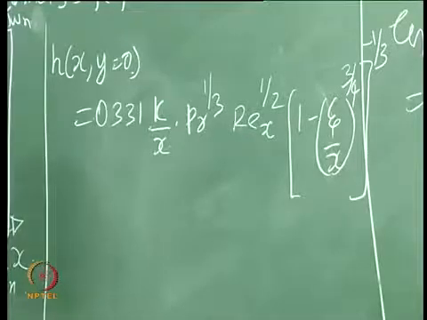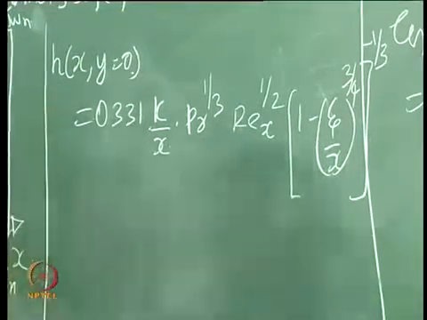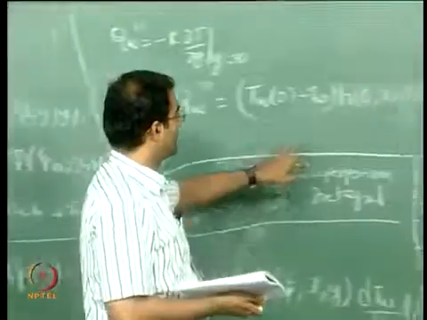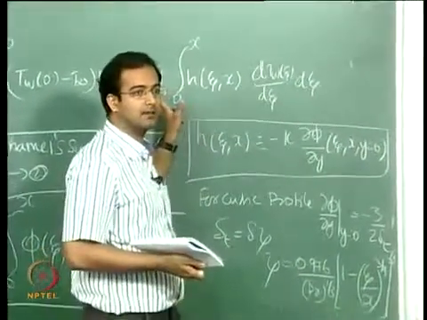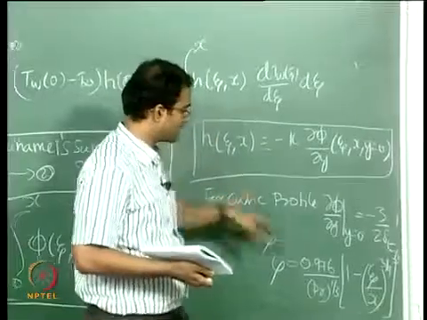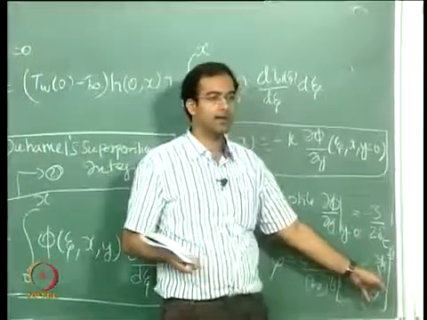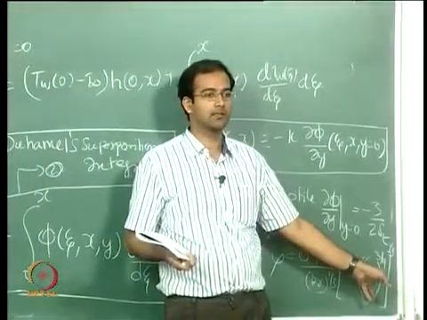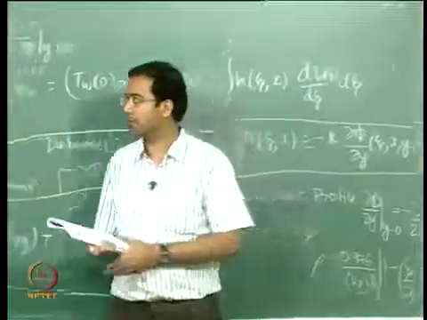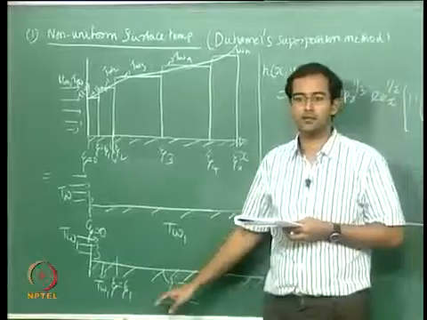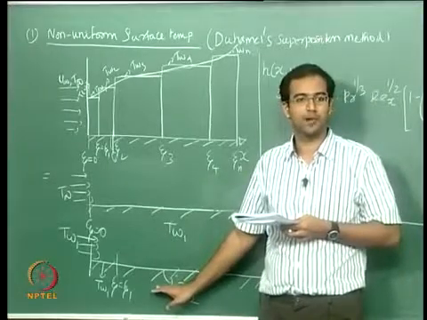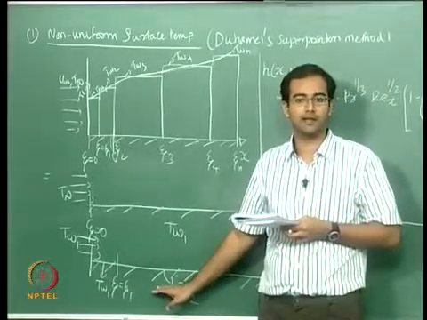Alright. So therefore you substitute this value of h into this expression. Now h is a function of zeta. Okay, so that zeta will tell you what is the unheated starting length for that particular problem. So when you are breaking this problem into multiple boundary conditions, for each configuration you have an unheated starting length.